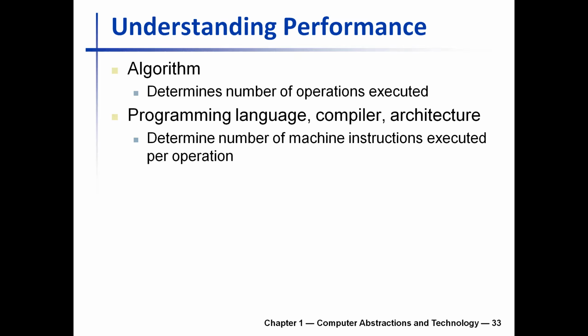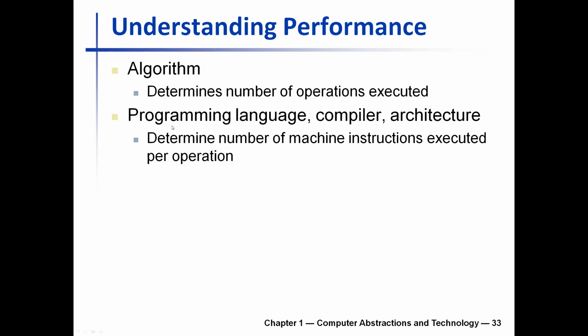So say if you are talking about a swap operation that you use to swap two elements in an array, based on the programming language, based on the compiler tool chain, based on the instruction set architecture, the number of machine instructions or assembly instructions that you will need to perform the swap operation can change, right?